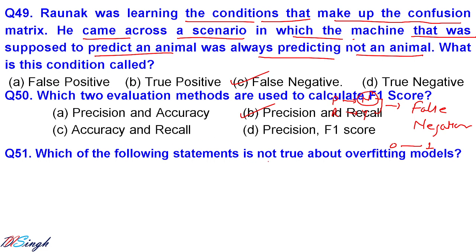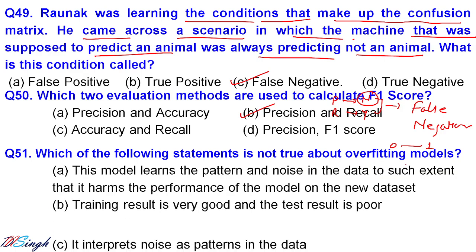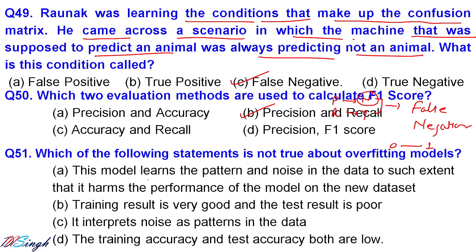Which of the following statements is not true about overfitting of the model? There are the options available. Okay, fine. This model learns the pattern and noise in the data to such an extent that it harms the performance of the model on the new data set. I don't think this is incorrect. Training result is very good and test result is poor.